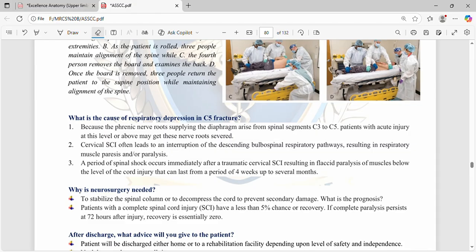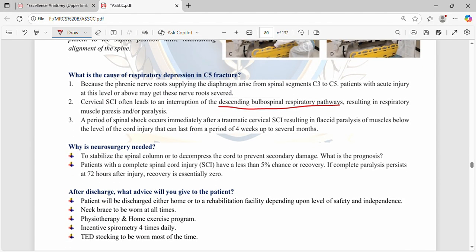Cervical spinal cord injury often leads to an interruption of the descending bulbospinal respiratory pathways, resulting in respiratory muscle paralysis. A period of spinal shock occurs immediately after traumatic cervical spinal cord injury, resulting in flaccid paralysis for muscles below the level of the cord injury that can last from 4 weeks up to 7 months.